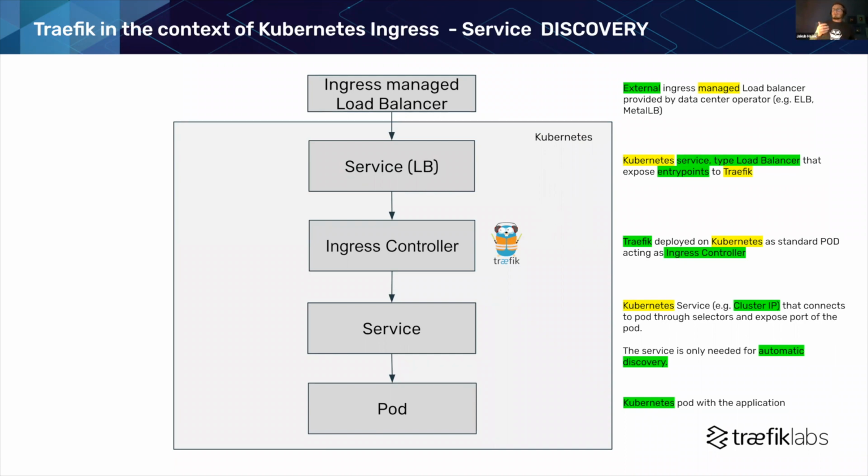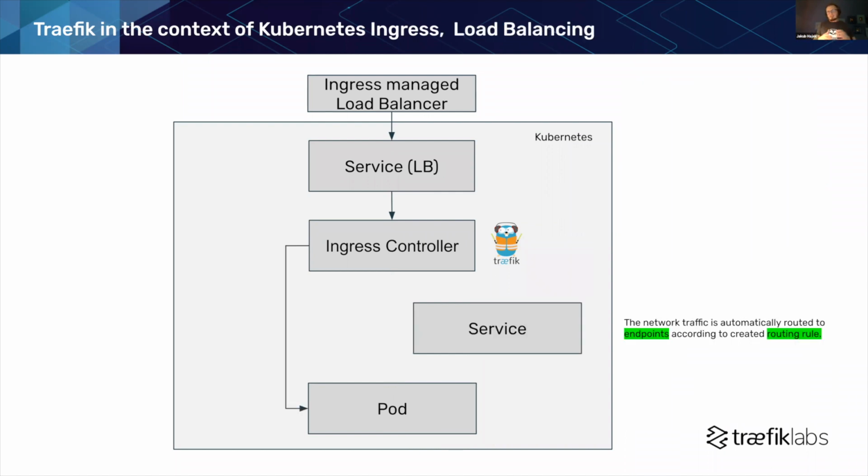In the discovery phase, when we deploy Traefik and deploy our application in a pod, we need to create a service to connect the Ingress controller and the pod. In that case, it will create endpoints in Kubernetes, and then once it's deployed, the communication looks like in the slide. So Traefik is connecting directly to the endpoints. It doesn't touch anything related to the Kubernetes service object.